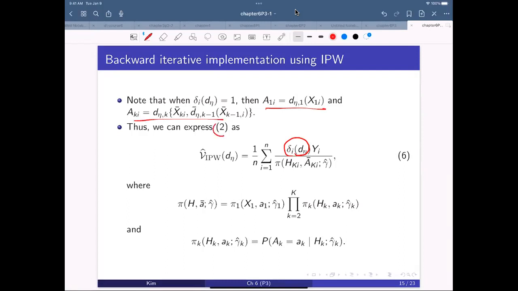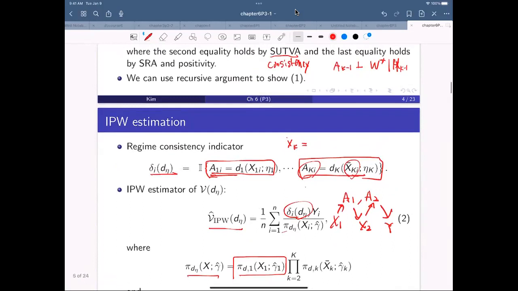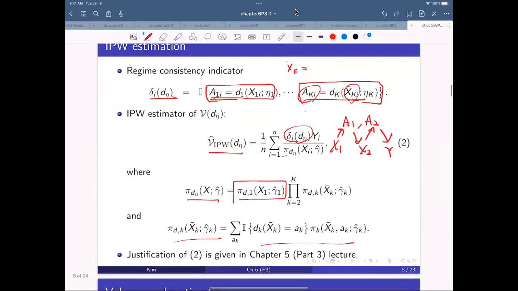If you compare equation 2 with equation 6, the numerator looks the same. But the denominator, the way we express the probability of the particular regime, is different.